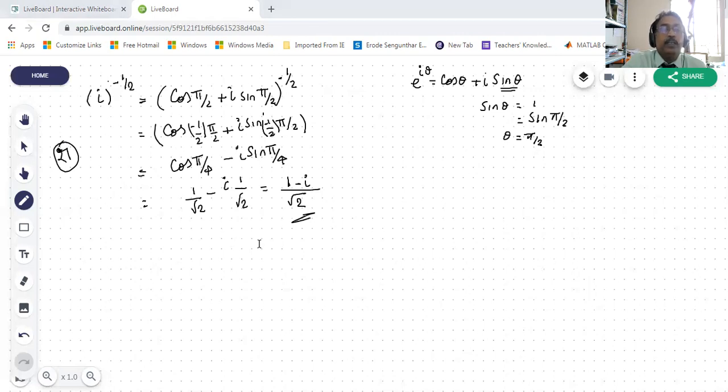The solution of the ordinary differential equation dy by dx plus 3y is equal to 1, y of 1 is equal to 0.